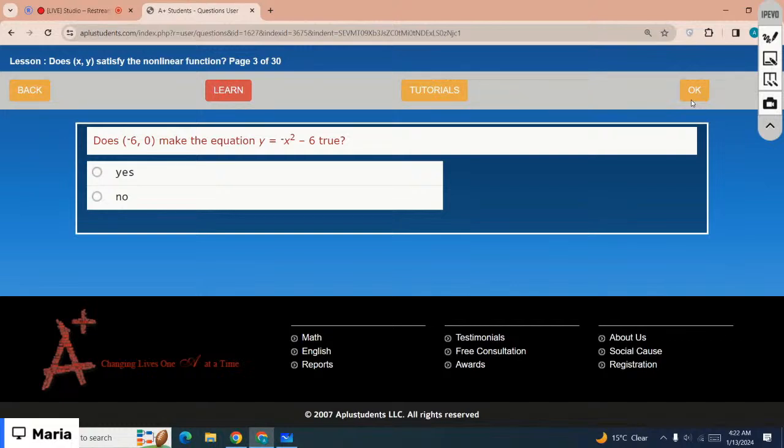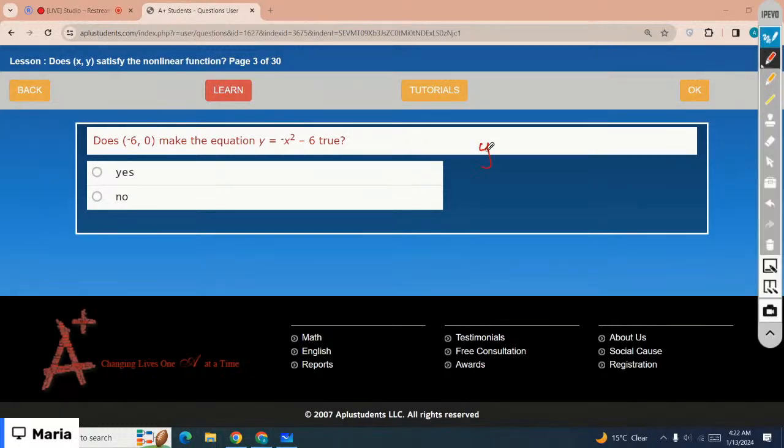does (-6, 0) make the equation y equals negative x squared minus 6 true? Okay, so you are given the function y equals negative x squared minus 6. The x value is negative 6 and y is 0, right? So 0 equals negative 6 squared minus 6. So 0 is not equal to 36 minus 6... is negative 42. So they are not equal.